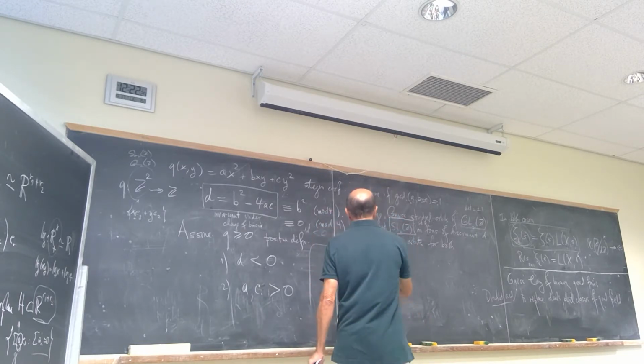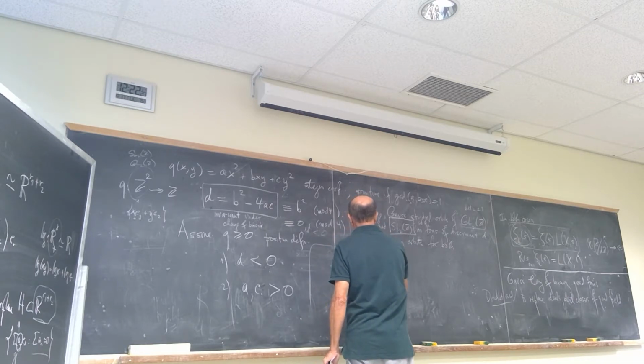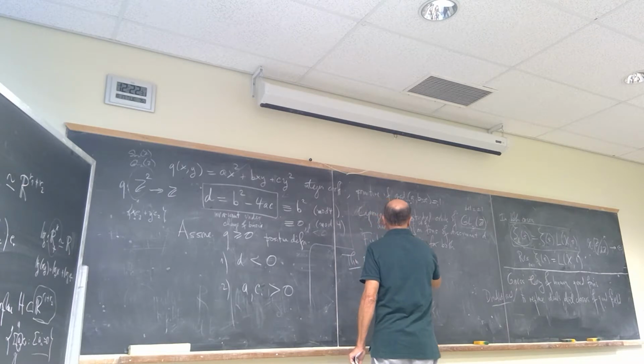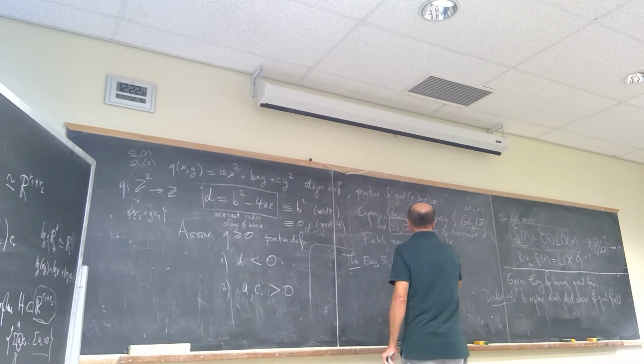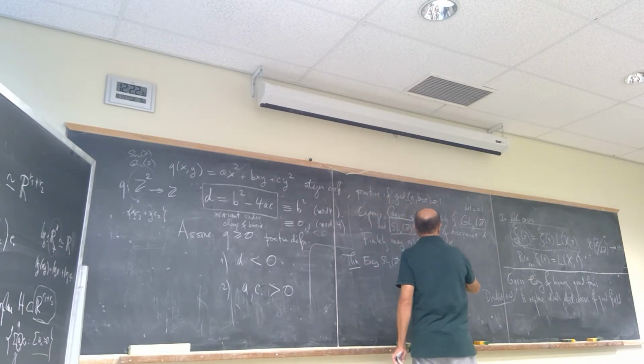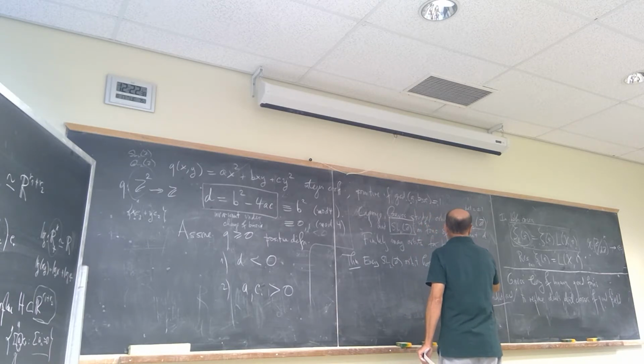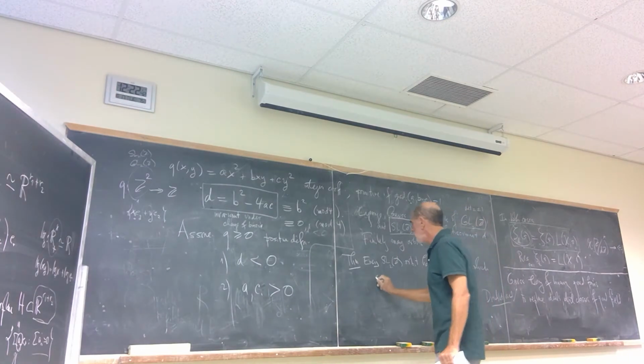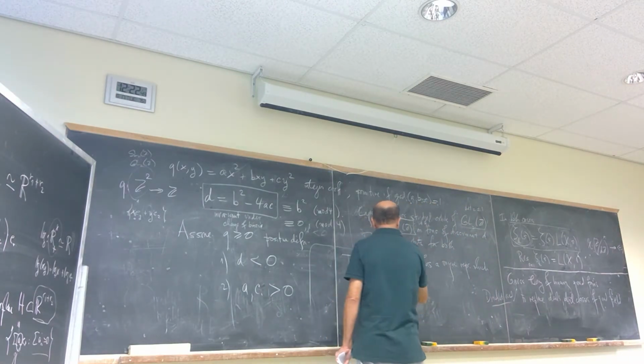And Gauss proved, the big theorem, that every SL2 Z orbit has a unique representative, and this is how he proves finitely many orbits, which is called reduced.